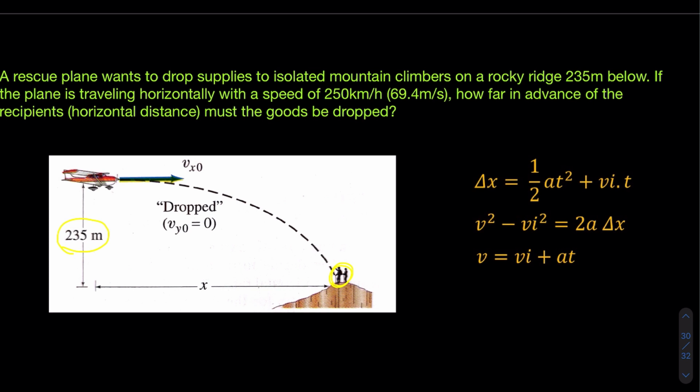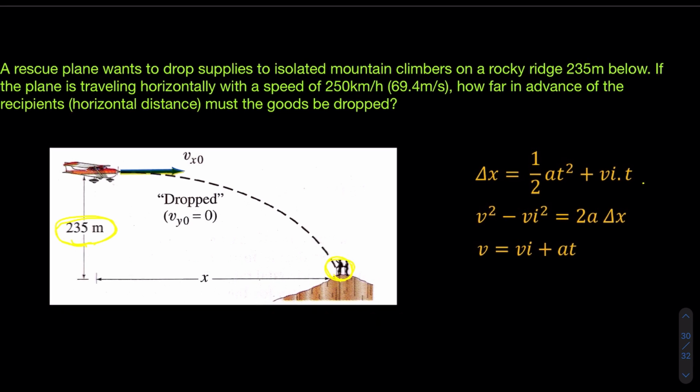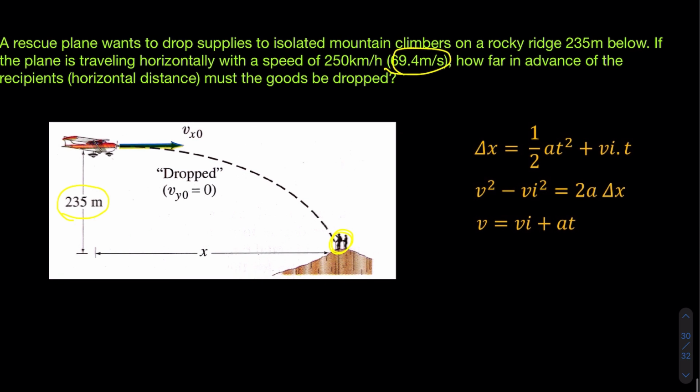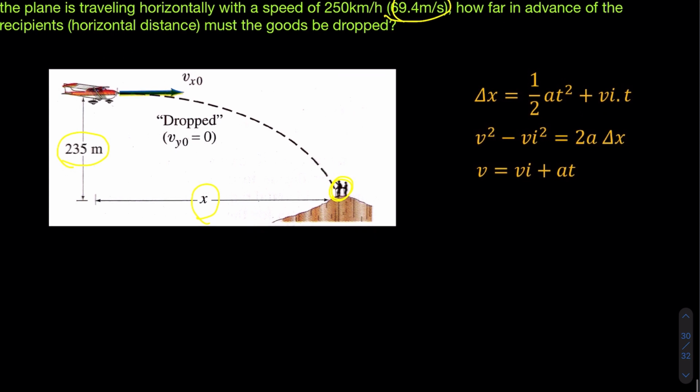The horizontal velocity of the plane is given, which is 69.4 meters per second, and the plane is only flying in the horizontal dimension, right? So we are going to find how far in advance the rescue plane needs to release the supplies so that they can land by the climbers.